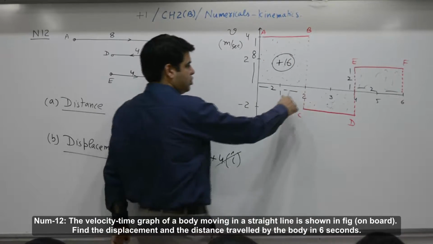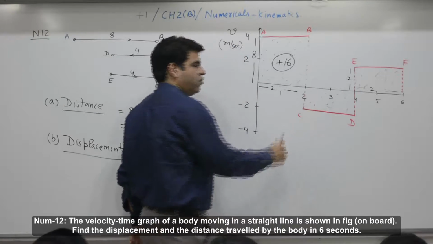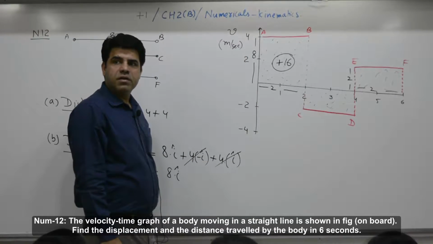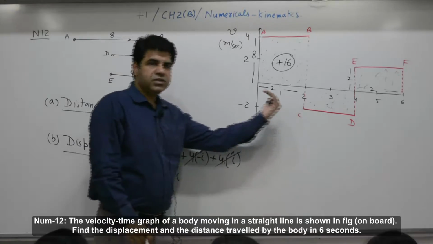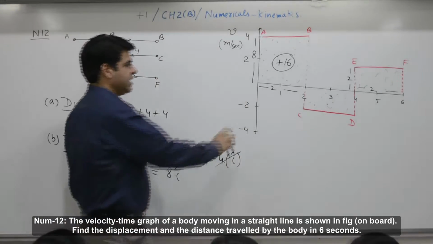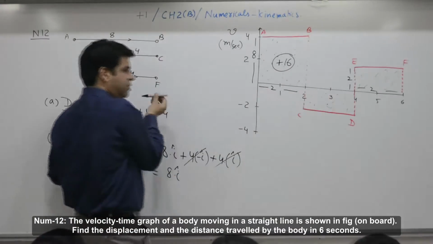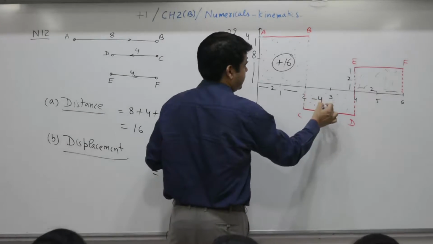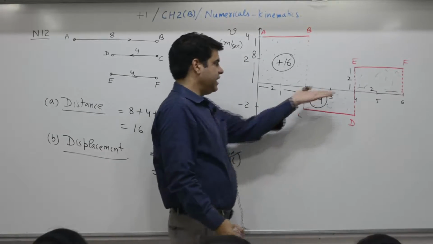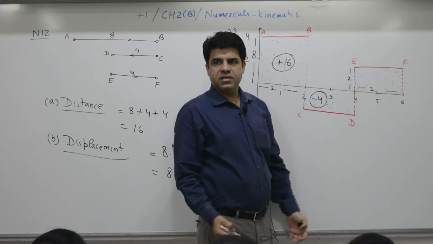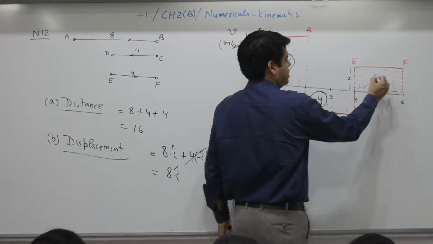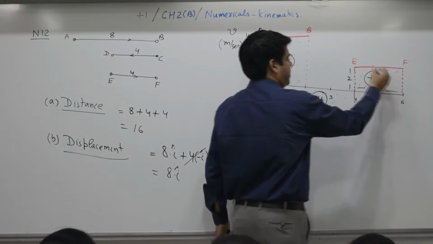And this one, 2 into 2, 4. Why minus? Because negative velocity means you are moving in the backward direction. So it is minus 4. Again it is above the axis, 2 into 2, 4, plus 4.